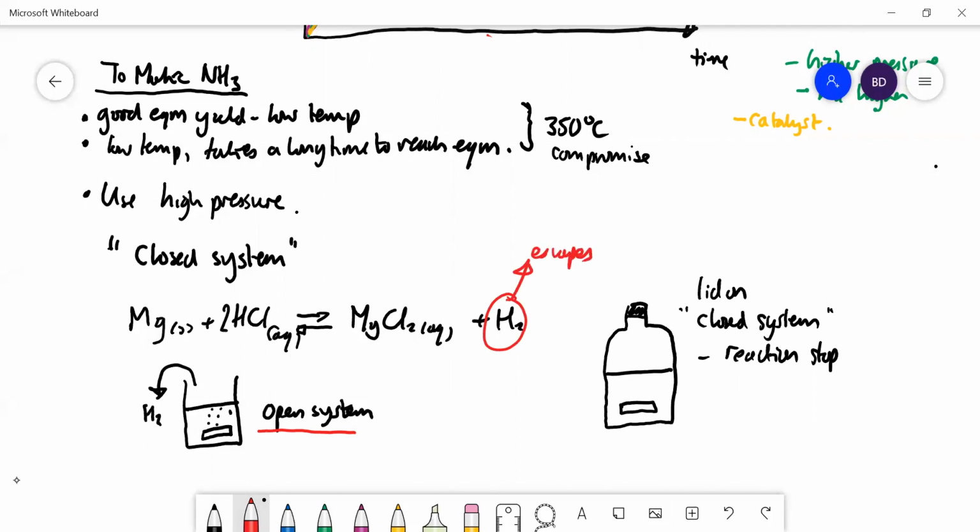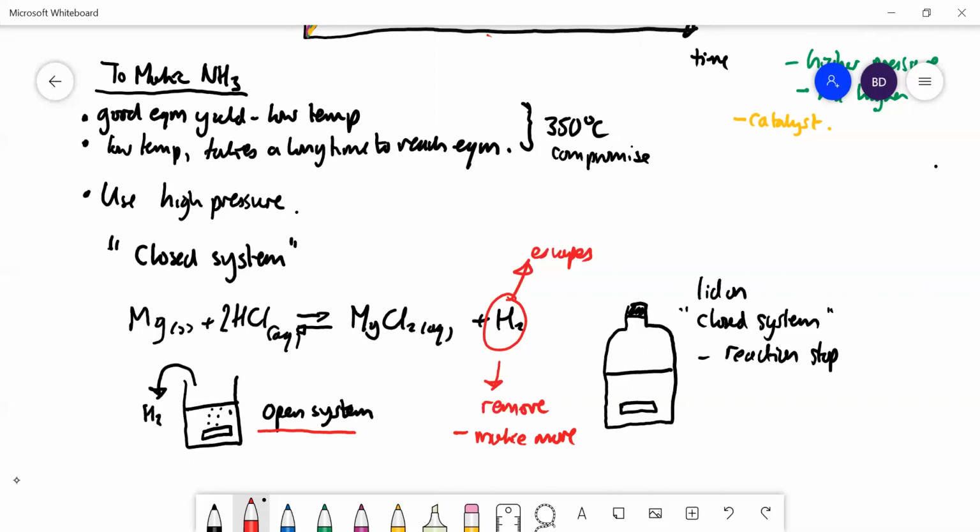What does Le Chatelier tell us? If you keep removing one of the products, what's it going to try and do? It tries to make more product. And then that comes along and escapes, so it tries to make more. So the reaction just keeps going further and further forward until it goes to completion.